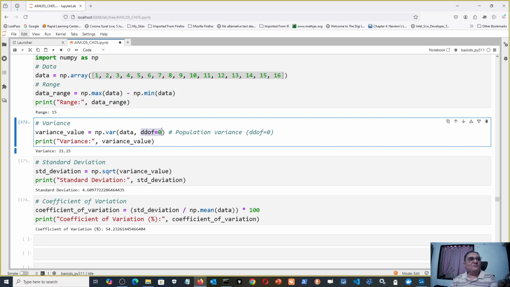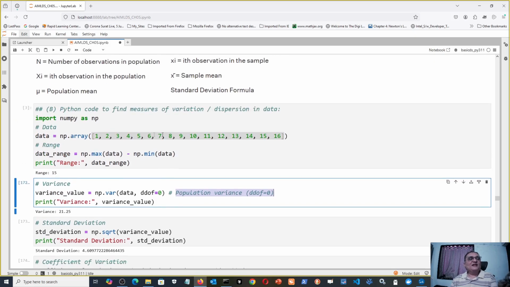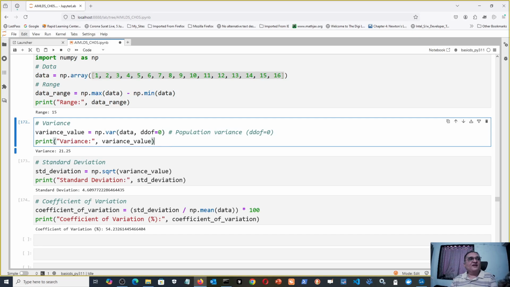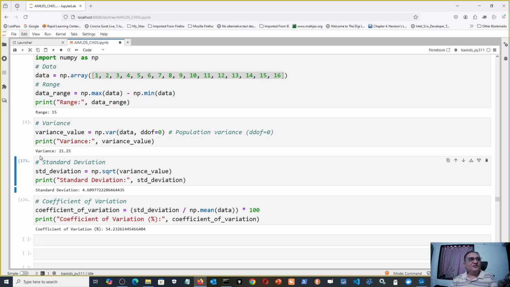If you are calculating population variance, then this argument should be 0, and in that case the denominator would become n. And if you are calculating sample variance, then this argument should be 1, so the denominator would become n minus 1. So you just have to use np.var with your data and the degree of freedom. For population, use degree of freedom 0. For sample, use degree of freedom 1.